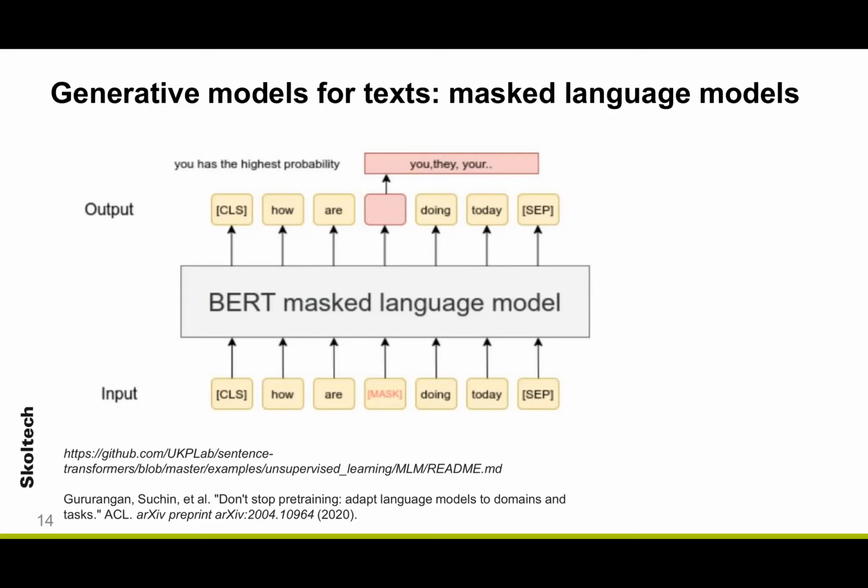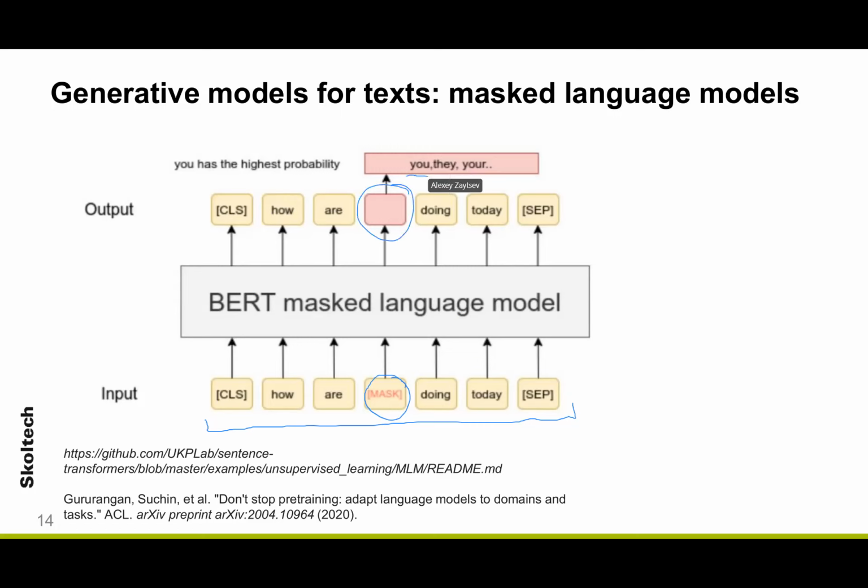So we have a lot of sequences, a lot of sentences from the internet. We have this start token, the actual sequence, then a separator or the end token. And we also add some mask. We drop this word or token and try to recover it using our language model. We want to make our best guess on what goes in this place.